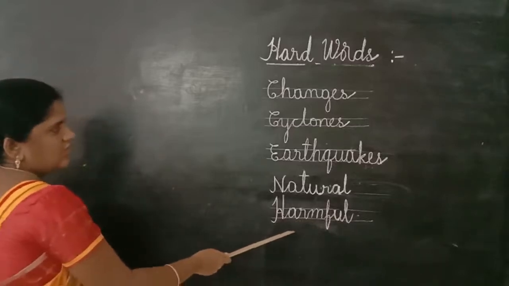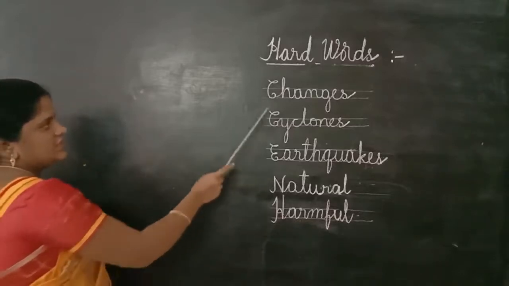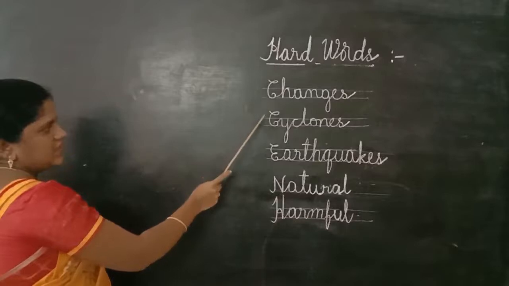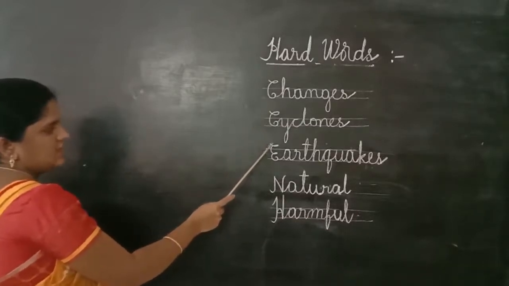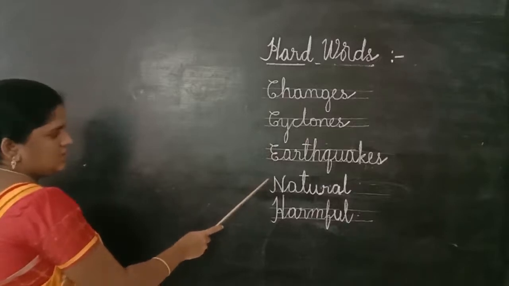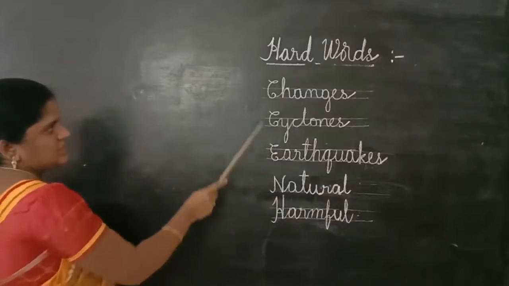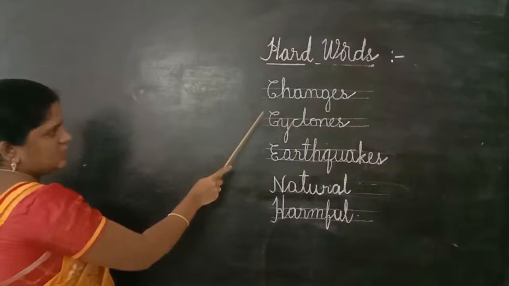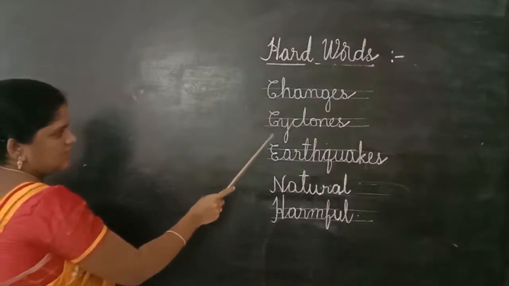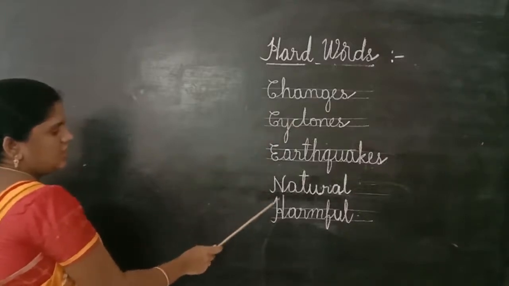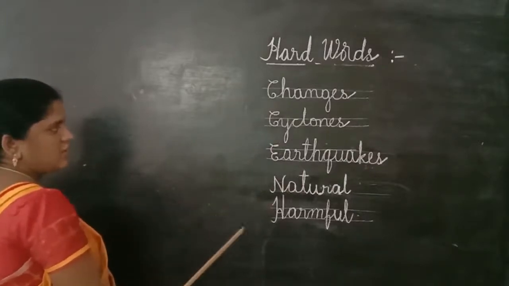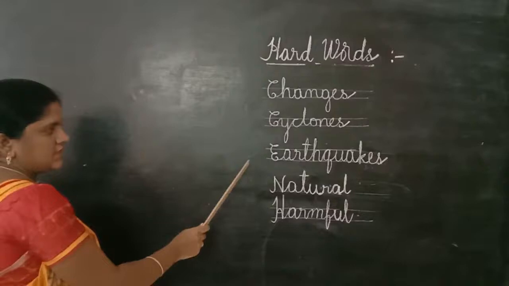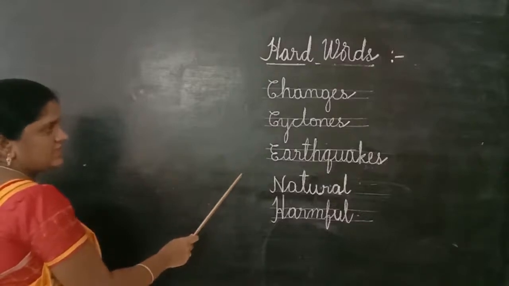Once again repeat, children: changes, cyclones, earthquakes, natural, harmful. These 5 hard words, learn and write at home 3 times.